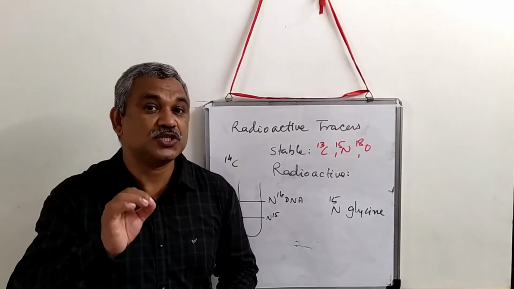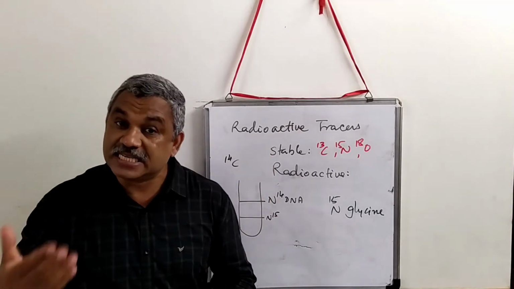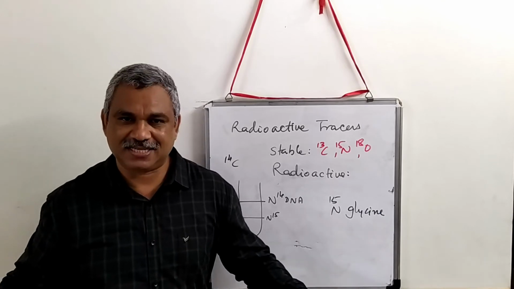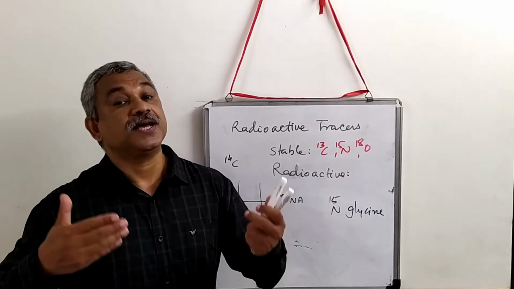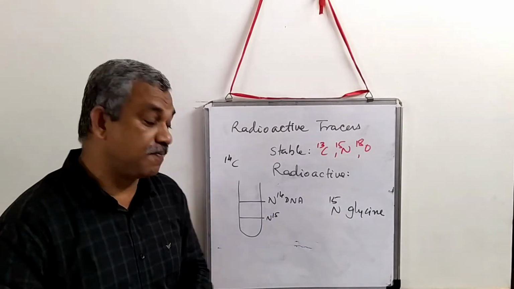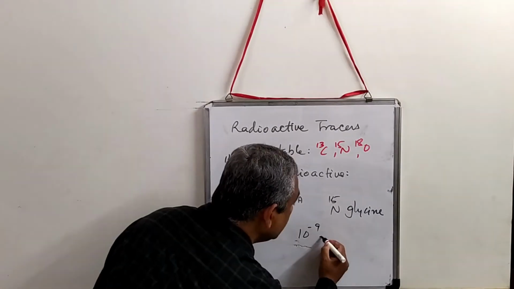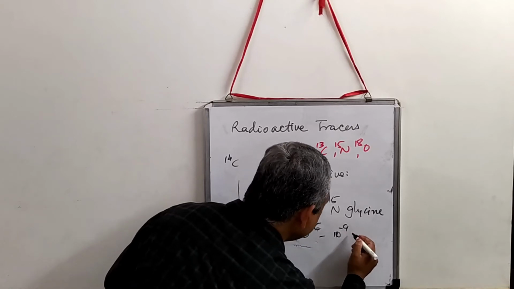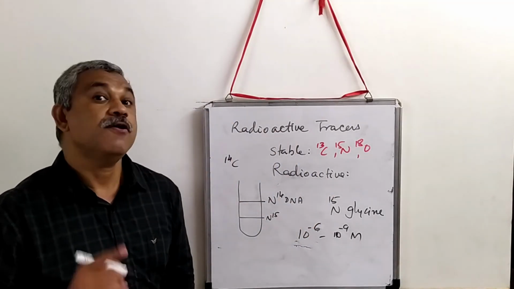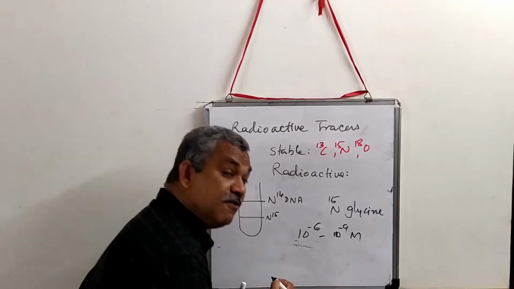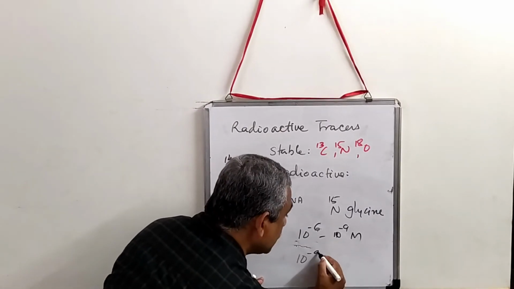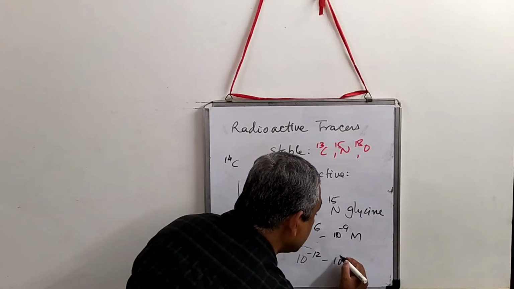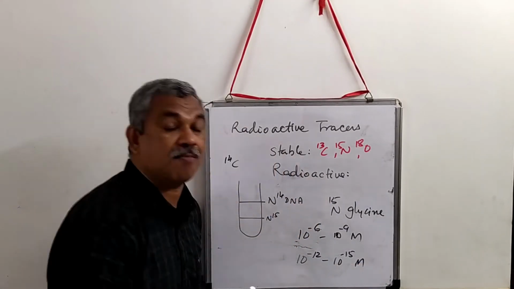What is important to remember in the use of tracers is that other chemical methods may be able to detect roughly 10 to the power minus 6 to 10 to the power minus 9 molar concentration, whereas with radio labeling you are able to detect 10 to the power minus 12 to 10 to the power minus 15 molar.